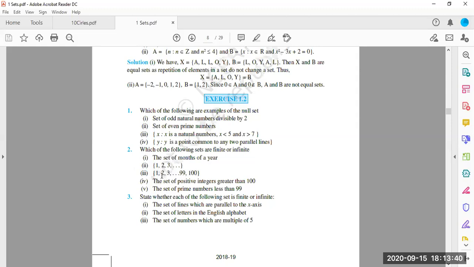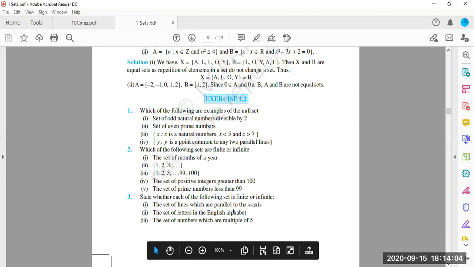How many elements are there in the third set? No, in the third set they are not infinite, beta. It's ending at 100. What about four? Set of all positive integers greater than 100, infinite. Set of all integers less than 99. Is it finite or infinite?